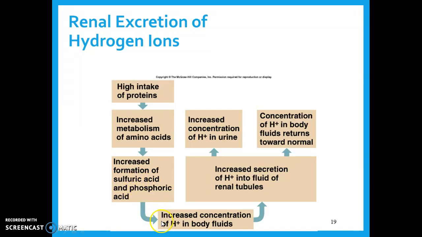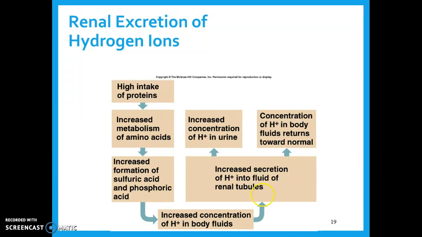This increases the concentration of hydrogen ions in all of our body fluids. So our body fluids are getting too acidic. This causes an increase in the secretion of hydrogen ions into the fluids of the renal tubules. So we've got too many hydrogen ions in our fluid, we're going to dump more out when we're producing urine.